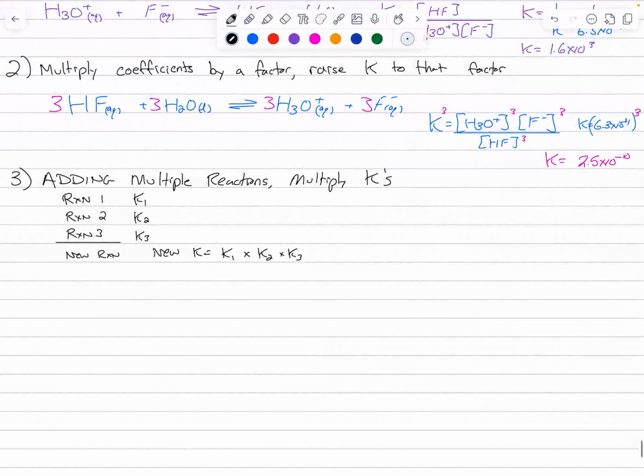To put that in perspective, a real example: HF plus H2O going to hydronium and fluoride.